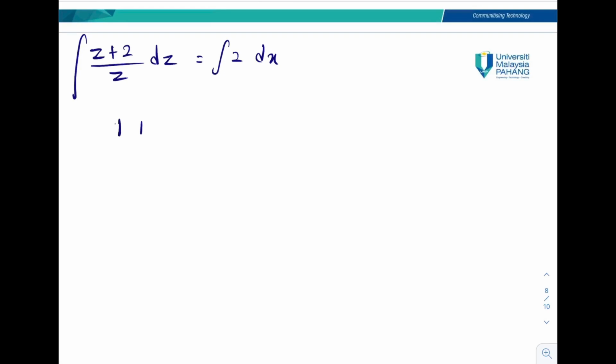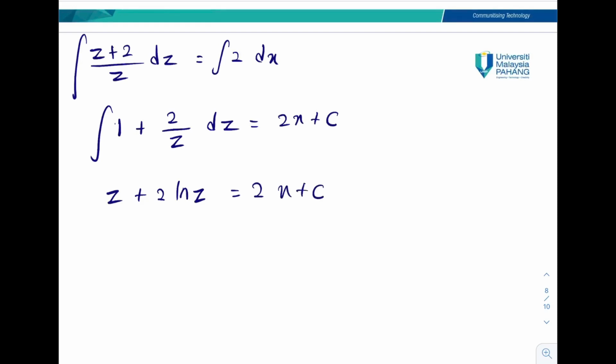Okay, I do the simplification. 1 plus 2 per z dz equals 2 dx. Integrate this one: z plus 2 ln z equals 2x plus c. Okay, so now what else to do?